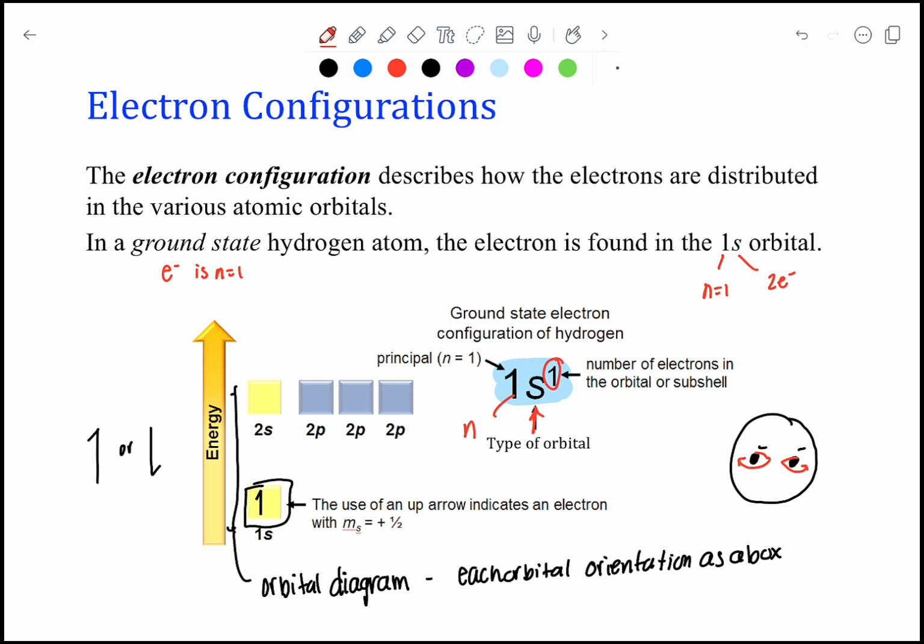How many electrons are in that specific orbital? So this overall notation, this 1s1, is called the electron configuration. When we're talking about electron configurations, we're going to be seeing 1s, 2s, 2p. We're going to be seeing that type of notation, which we're going to walk through here.